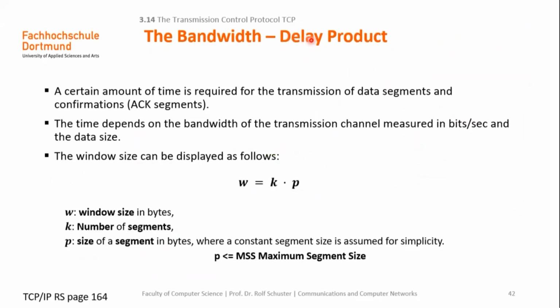This is time, and this is throughput, the bandwidth delay product. Then a certain amount of time is required for the transmission of data segments and confirmation acknowledgement. We called it the round trip time. The time depends on the bandwidth of the transmission channel measured in bits per second and that data size.